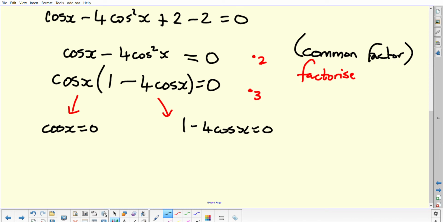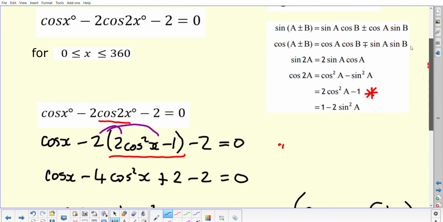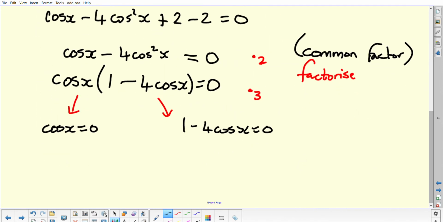To solve cos x equals 0, we were dealing with degrees, and our x's have to be between 0 and 360. If you draw a little sketch of what the cos graph looks like, knowing that cos x is 0 in both those 2 positions, that's your 90 and your 270.